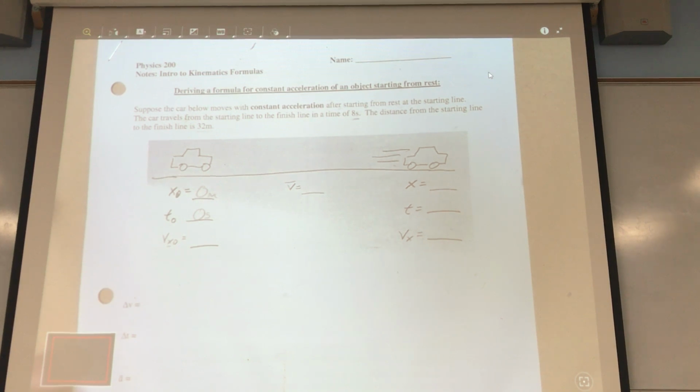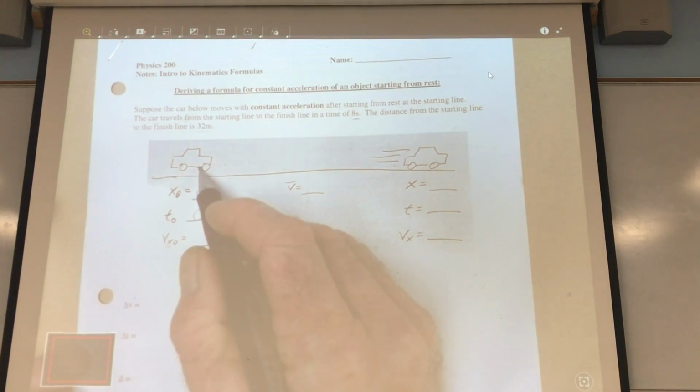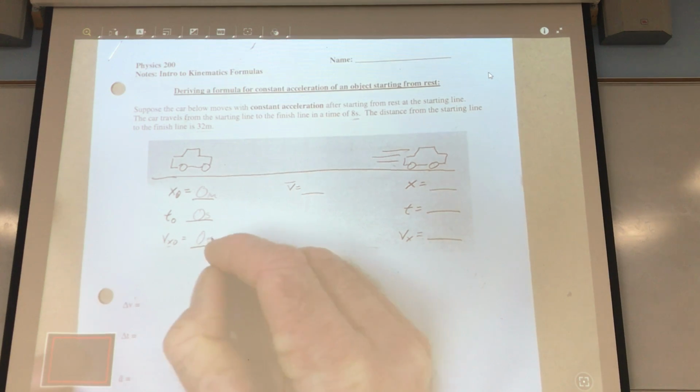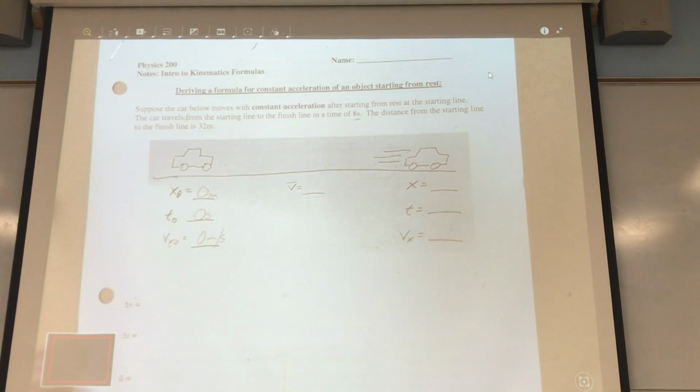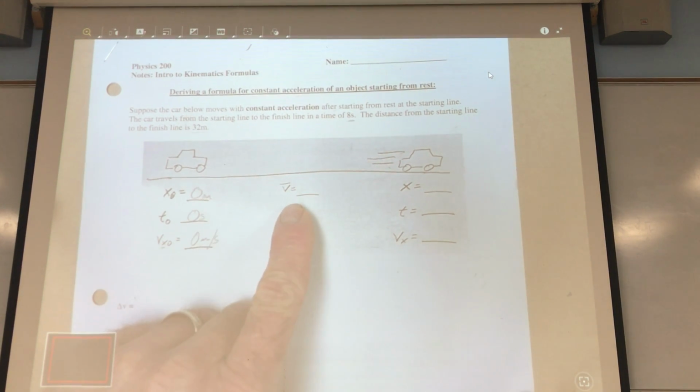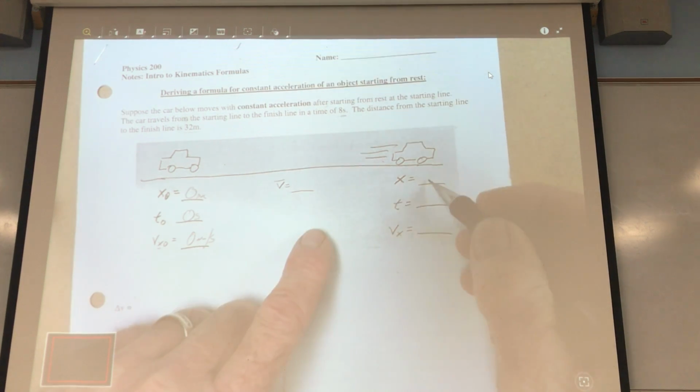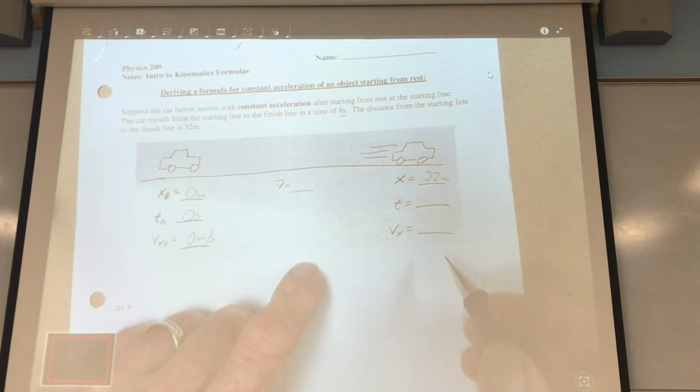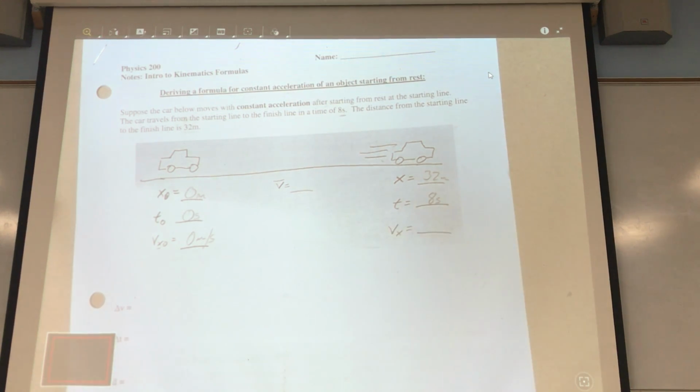If you've been following along, how fast is this car going right now? 0. And now we can do, can't really do average velocity yet, but we can do x. What's x? 32 meters. And t? 8 seconds. And final velocity, any idea?